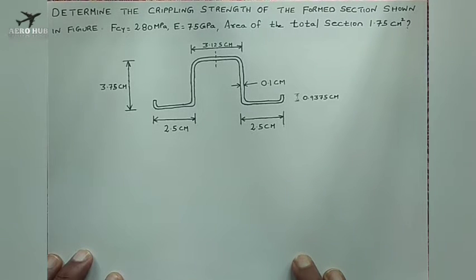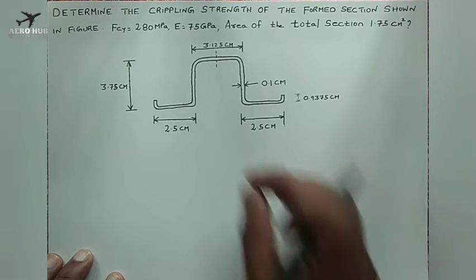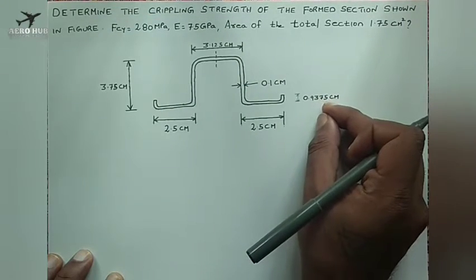This section has vertical symmetry, and to find the total length, you can see this length is 0.9375.